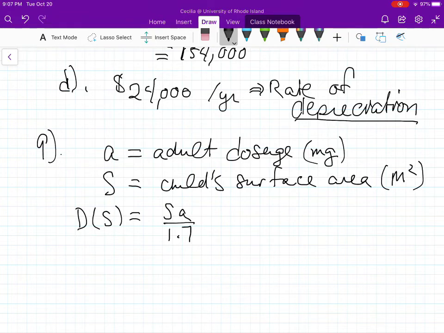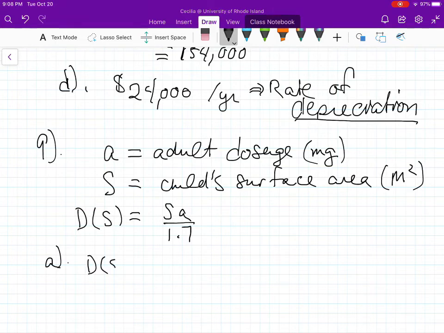And then the first thing that I'm asked to do is show that D is a linear function of S. So really all this is saying is look at what this formula is and look at it in a particular way. So we want to look at this where S is going to be the independent variable.